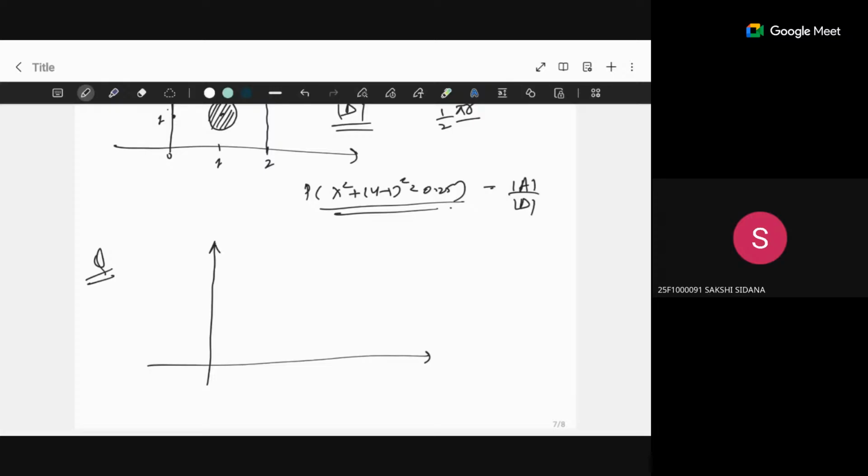So my lower limit of x is 0 and my upper limit is 2, right? Uniformly distributed at x equals 0, x equals 1, and x equals 2.